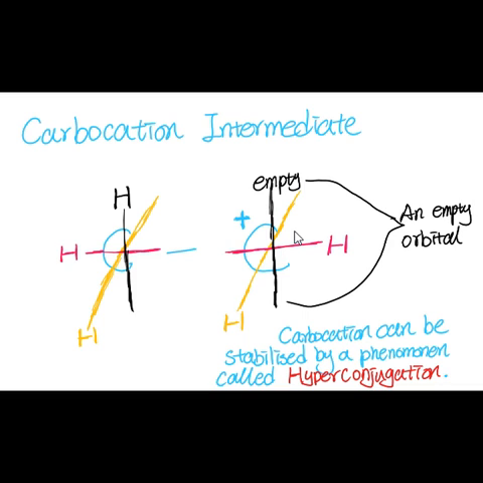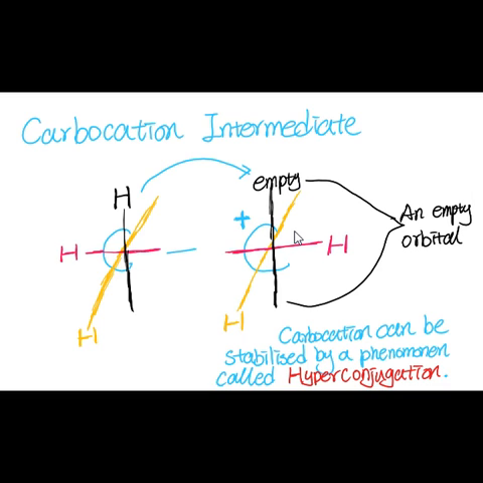For example, the carbon group right next to the carbocation, in this case, this particular carbon here, the electron from this particular carbon group will donate some of its negativity to the carbocation right next to it.